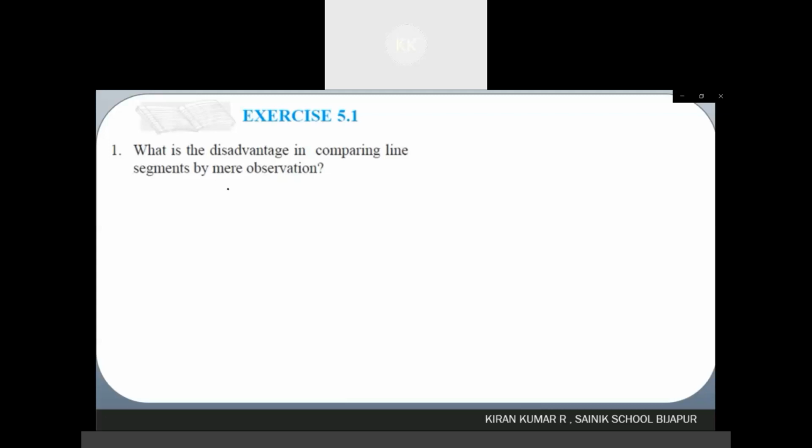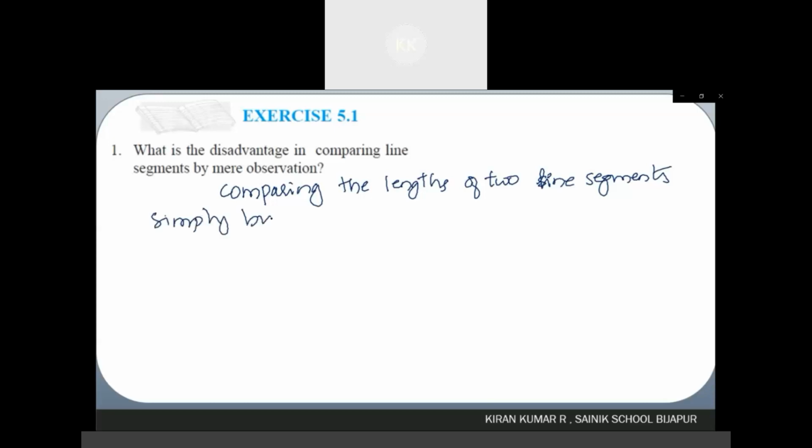I'll write the answer for this in a short way. Comparing the lengths of two line segments simply by observation may not be accurate.